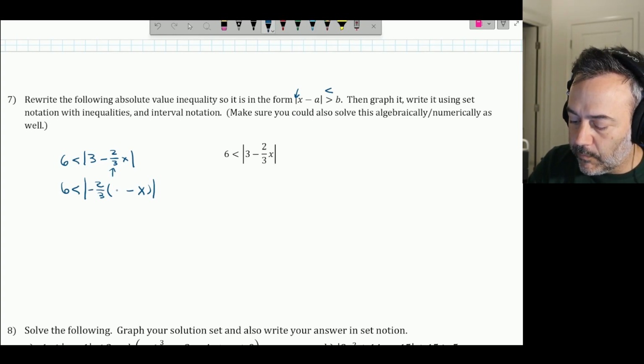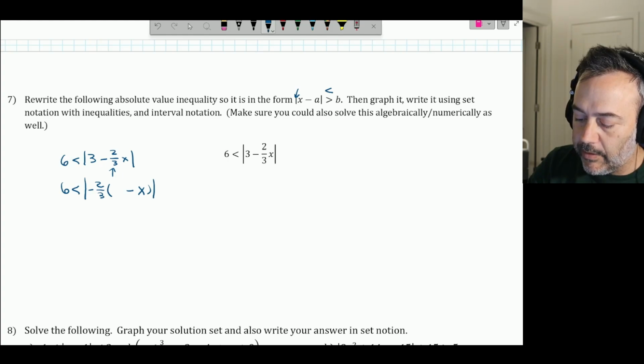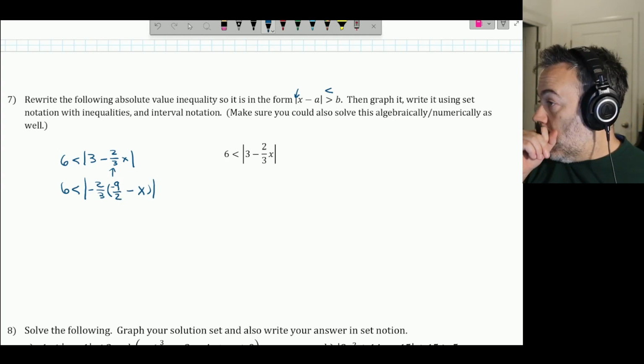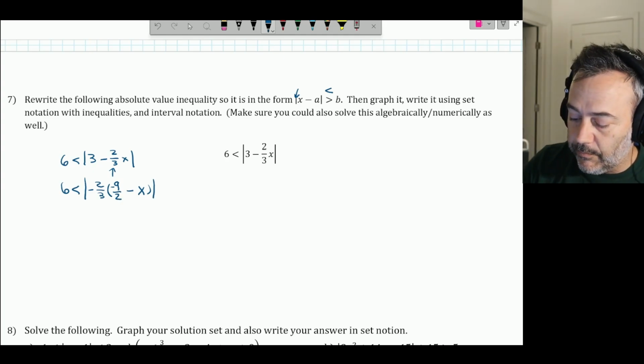Okay. And so let's just check. What would it be if I factor negative 2/3 out of here? That would be negative 9/2. Now let's check that. How do you check what that is?